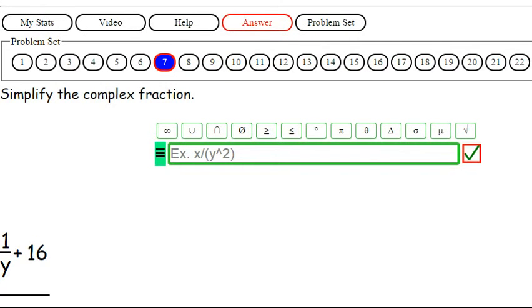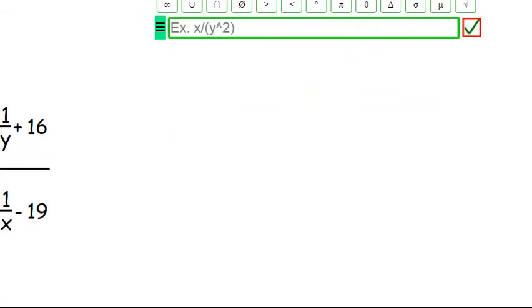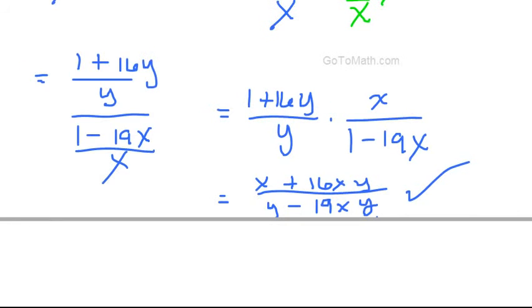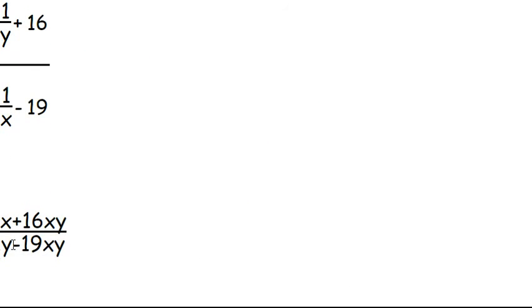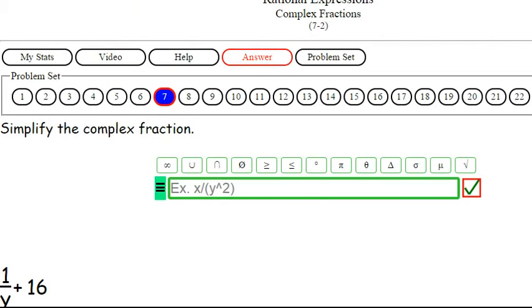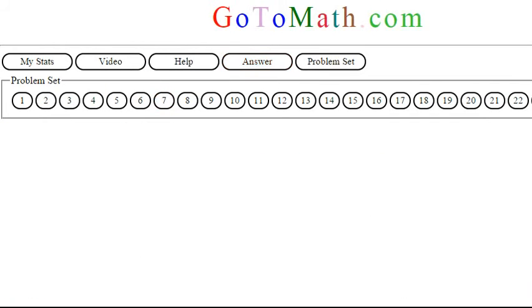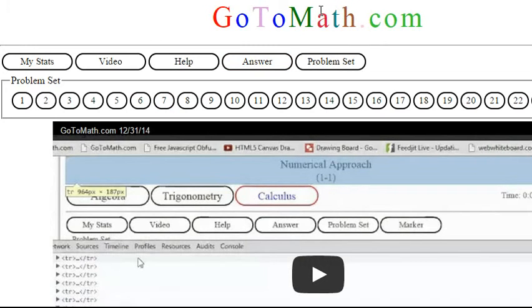Hopefully everything's working out there. And let me look at that again. x plus 16xy over xy minus 19. Just making sure before I bring that up. So we are done with that problem.